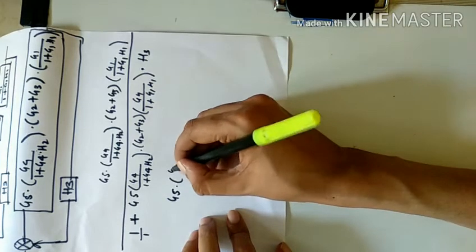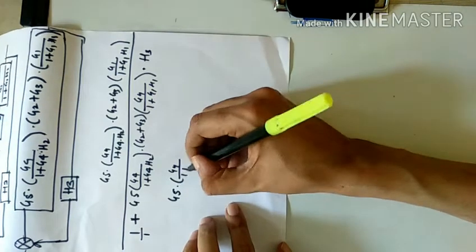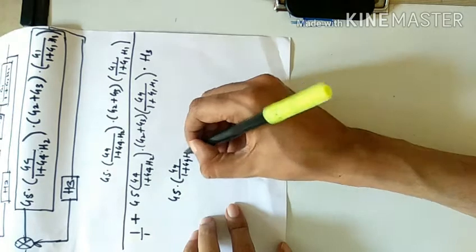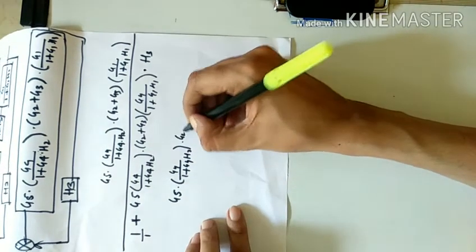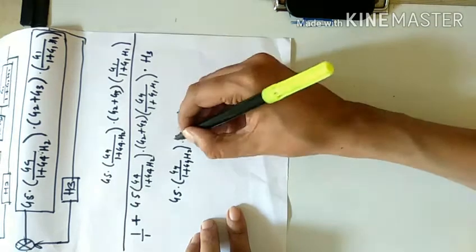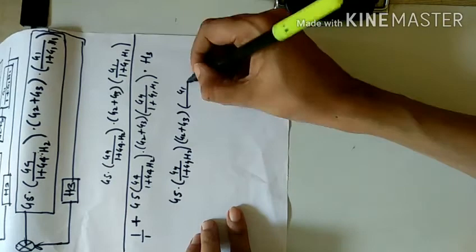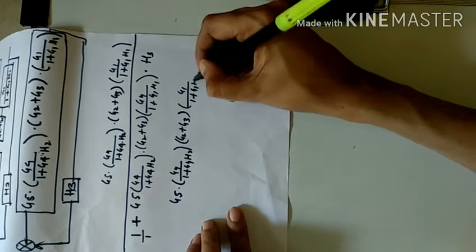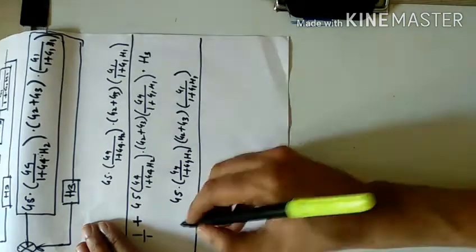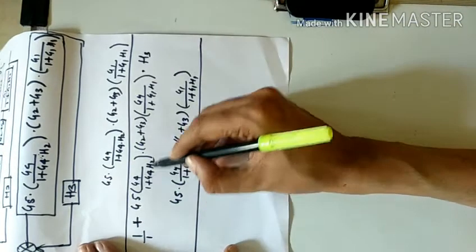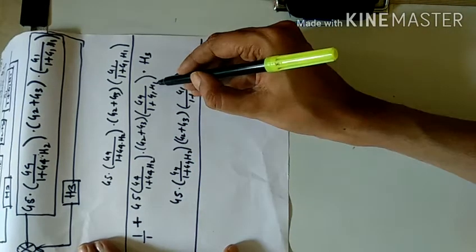G5 G4 over 1 plus G4 H of 2, this is G4, this is G2 plus G3 bracket close, then G1 upon 1 plus G1 H1. Okay, so the whole is divided by this. Cross multiply: 1 plus G4 H2 and 1 plus G1 H1 will be multiplied.